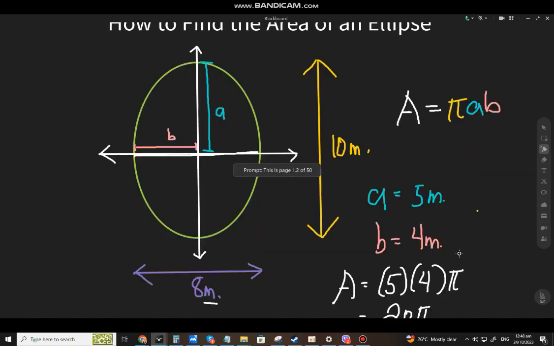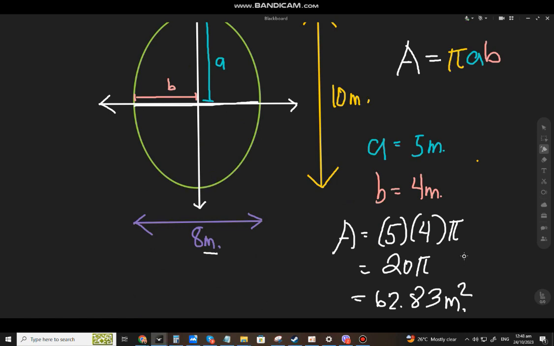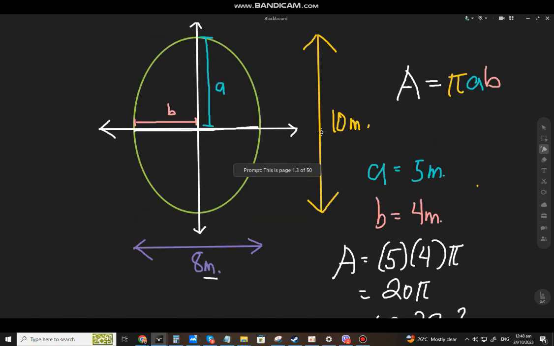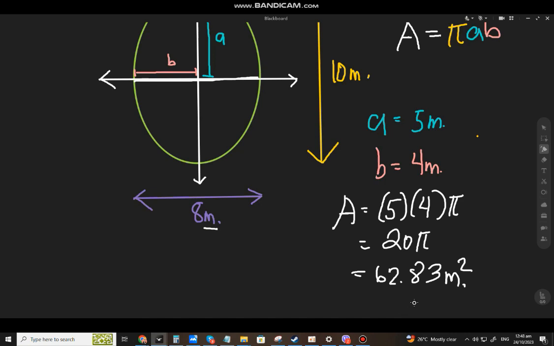If we're talking about area, the units will be squared, or will have an exponent of 2. So there you have it. With 10 meters for the longer side and 8 meters for the shorter side of the ellipse, the area is 62.83 square meters.